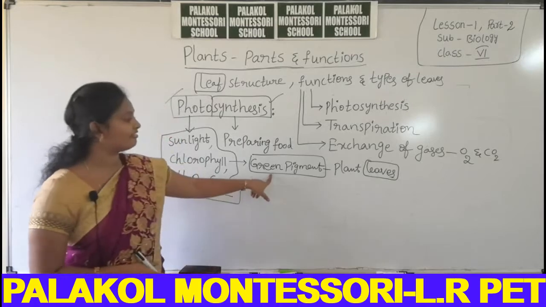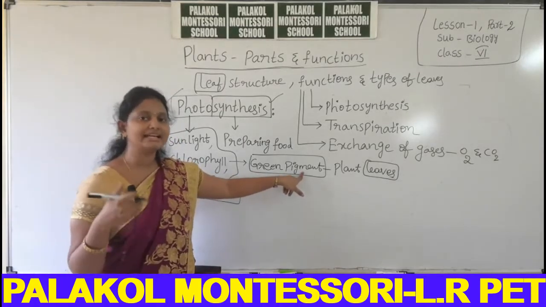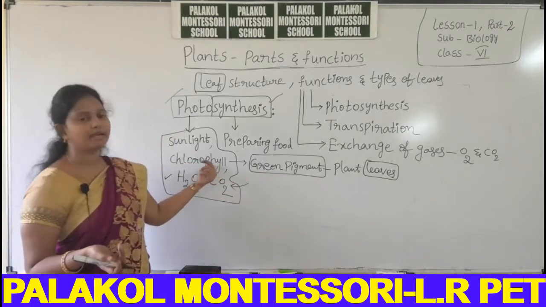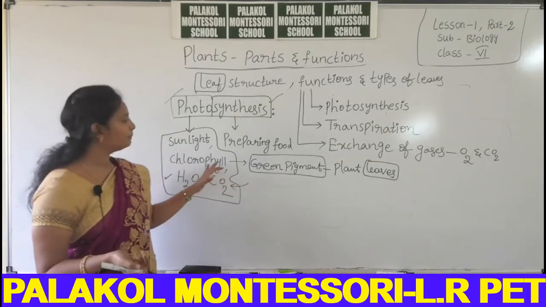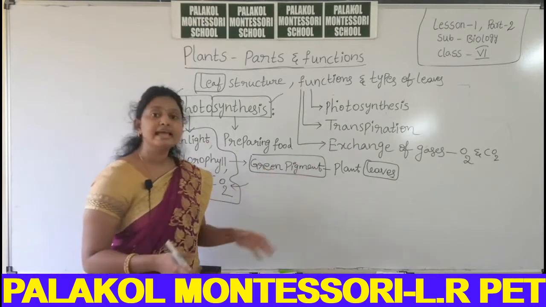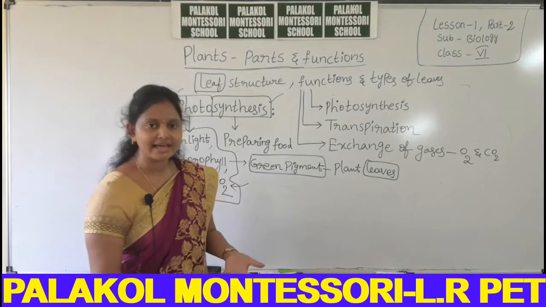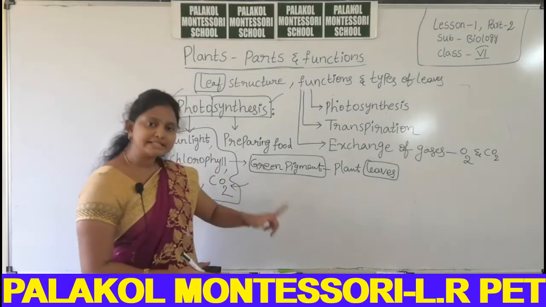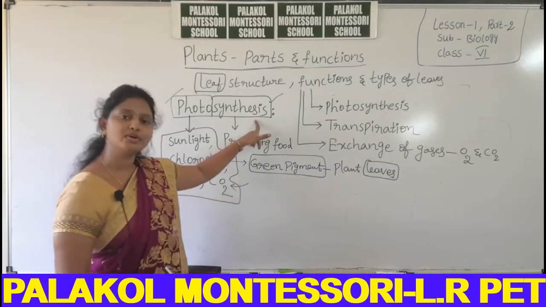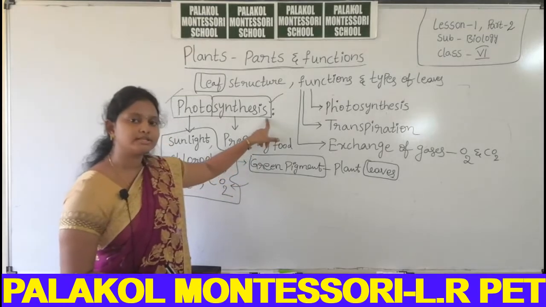Because of the presence of a pigment, a coloring agent. Okay, what is that pigment? Chlorophyll pigment. Due to the presence of green colored chlorophyll pigment, leaves appear green in color. Okay, due to the presence of this green color pigment, plants can do photosynthesis. Is it clear? Plants can do photosynthesis.